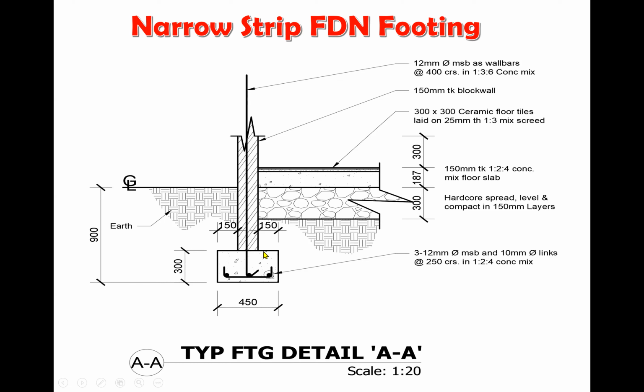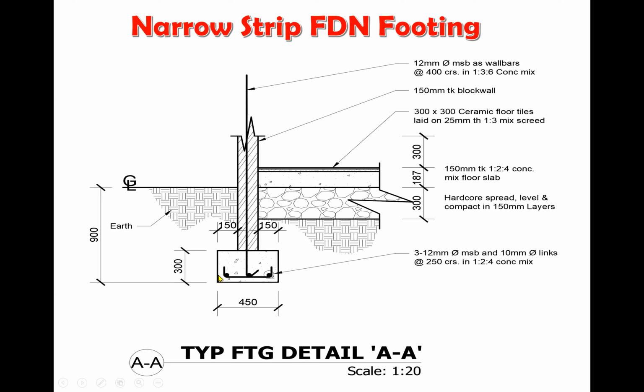It could be greater, but it cannot be less than that. The projection distance here is minimum 150 because your block wall is 150. It could be more, but not less than that, right? So right now it is 450, which is 3 times our block wall.